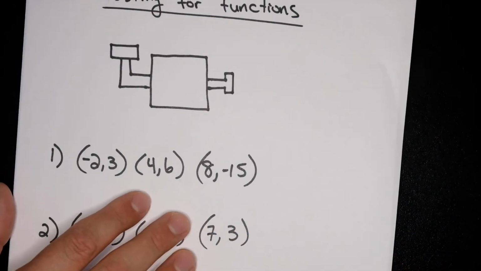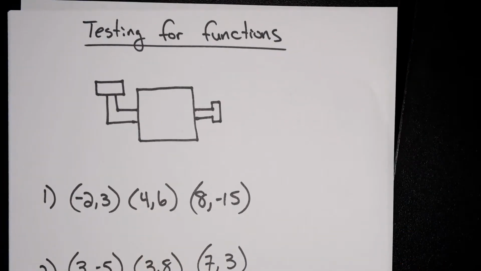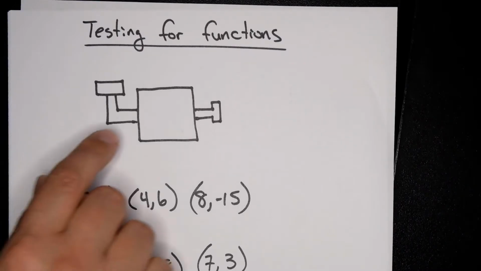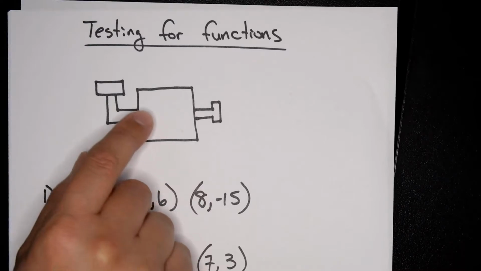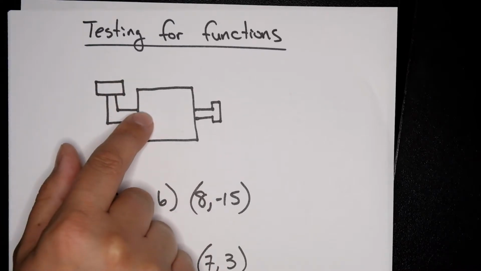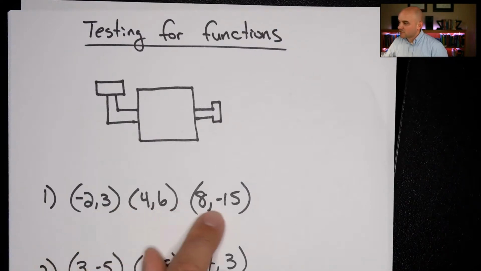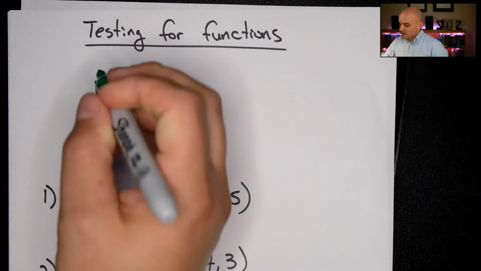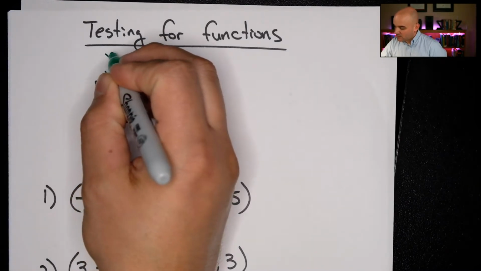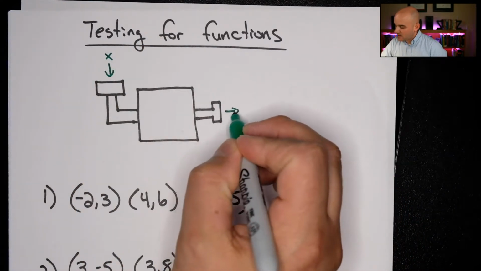So I like to look at functions when I first introduce it as a machine. So we've got this thing, and I call it my function machine. And over here is where we're going to input a number, and right here is where a number gets outputted. So for instance, if I have these ordered pairs right here, I input my x value right here, and then out spits the y.